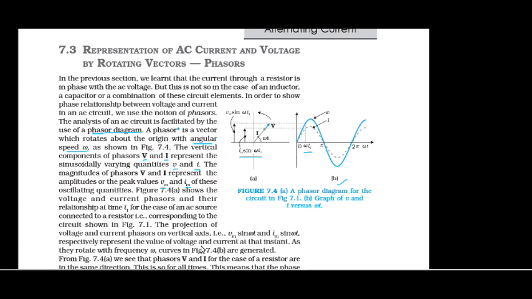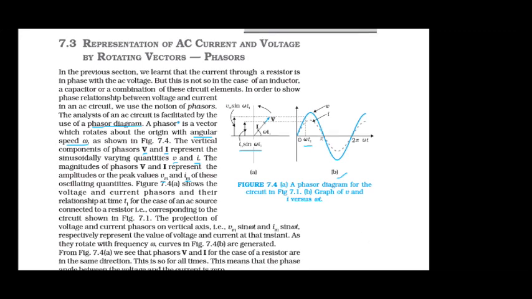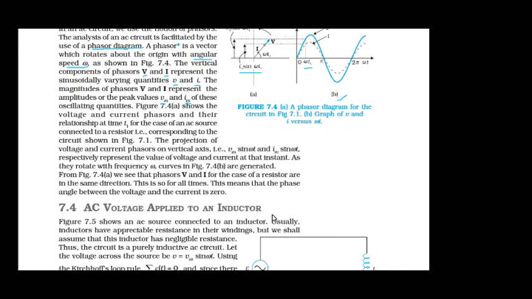From figure 7.4a, we see the phasors V and I for the case of a resistor are in the same direction. This is so for all time. This means the phase angle between the voltage and current is 0. So phase angle is 0, that means they are at the same point.